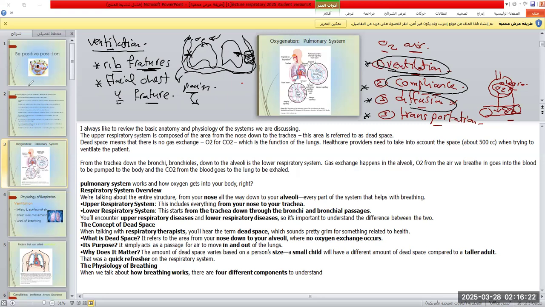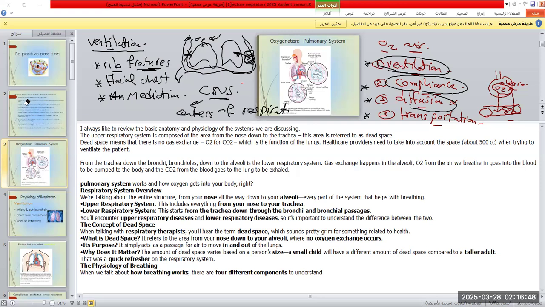Okay. So the third thing is our medication. If a patient takes morphine or some anesthetic drugs, this will suppress our CNS. It will suppress the brain, and the brain has centers of respiration.